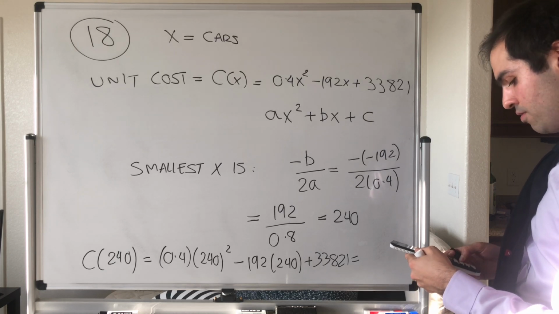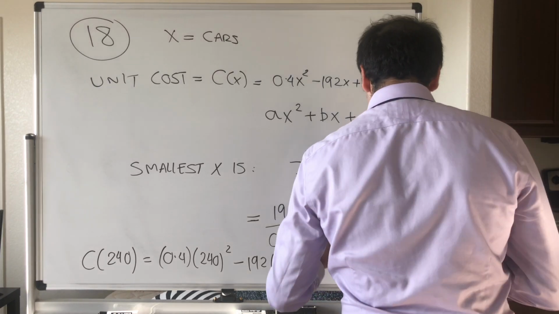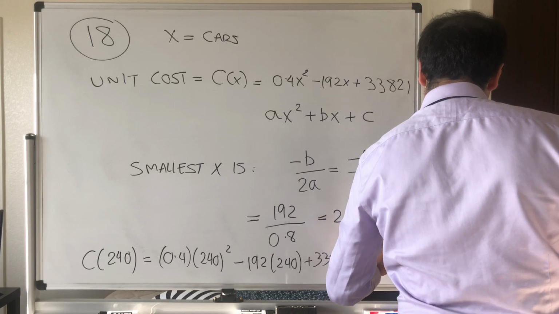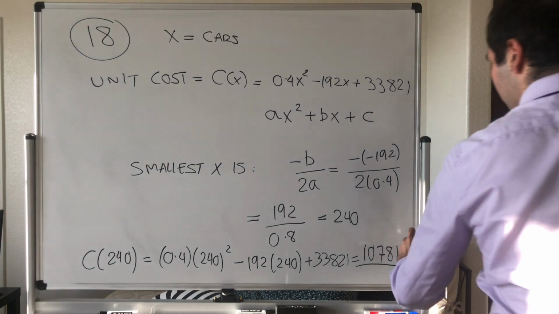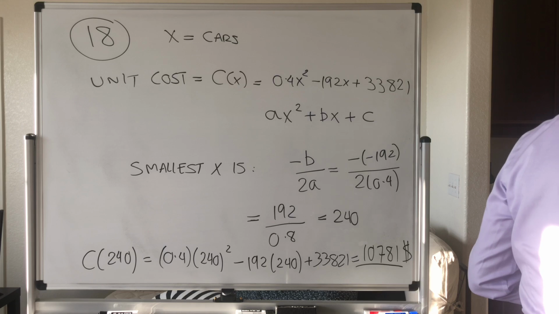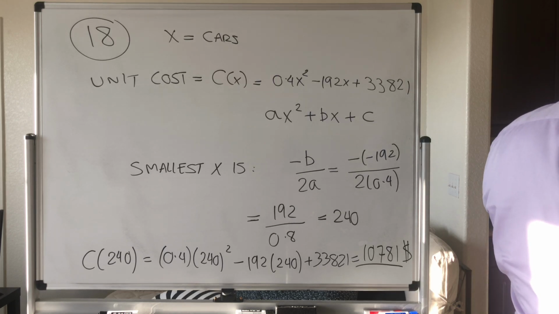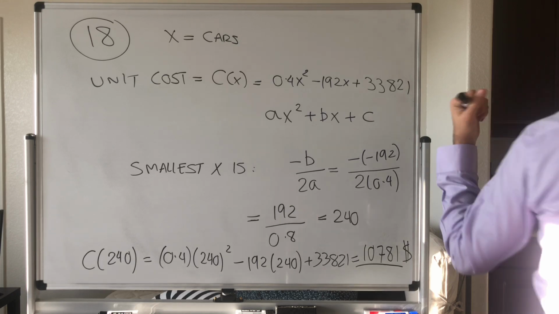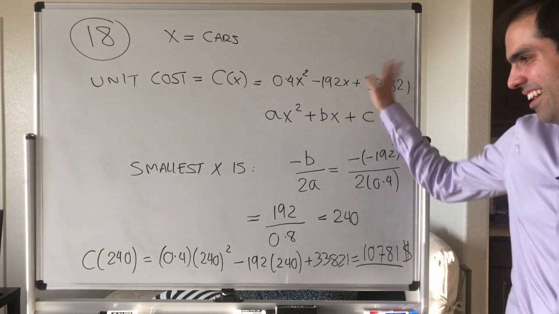Okay, minus 192 times 240, and then plus 33,821, which gives me 10,781, which is definitely way less, and again, dollars, definitely way less than what I paid for my car. But let me just check. Yes, it's correct. Okay, I wasn't sure of myself, but all right, enough word problems.